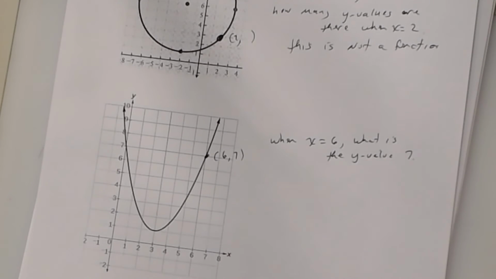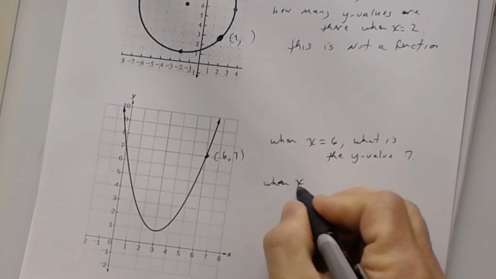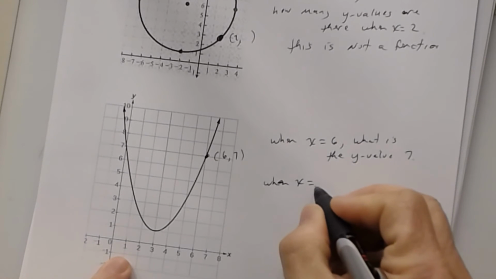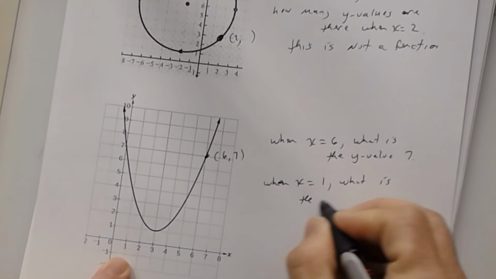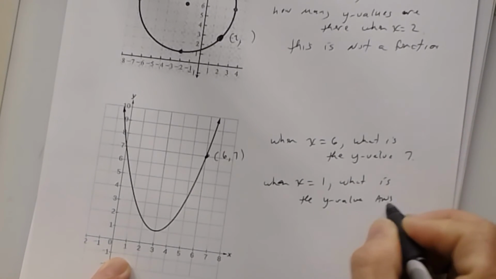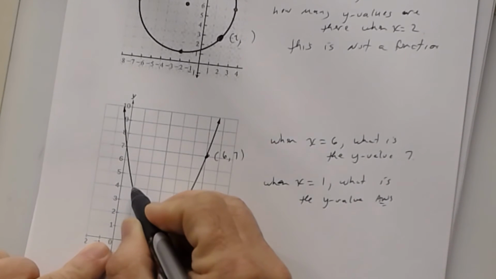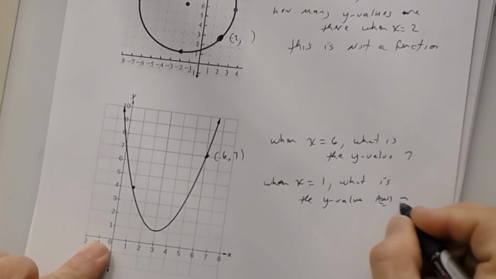All right, I'm going to ask you this then. What is the y value when x equals, let's say, 1? What is the y value? 4. Okay, what's the answer? 4. Yeah, right here, 4. Let's say it's close to 4, right? So let's say 4. It's not quite 4, but it's close to it. So I'm going to just say approximately 4.